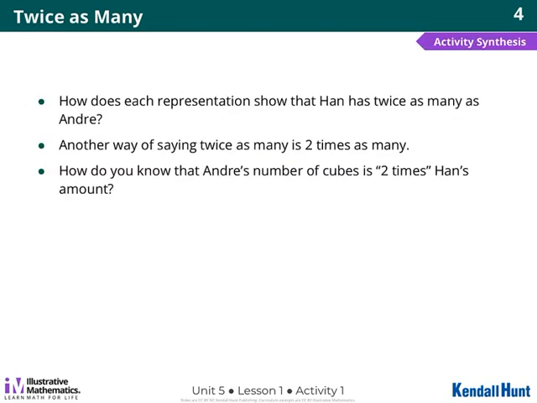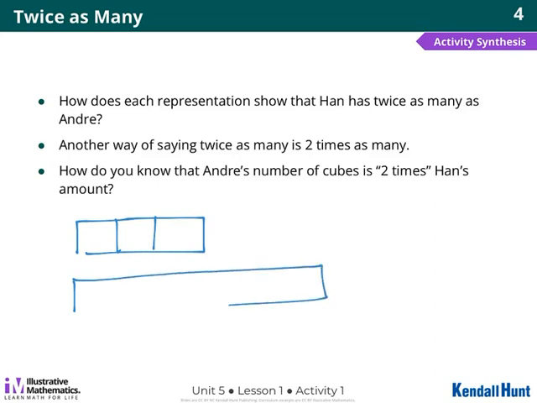All right, here was our synthesis. How does each representation show that Han has twice as many as Andre? All right, Michael. No matter how many cubes Andre has, Han will always have twice as many.